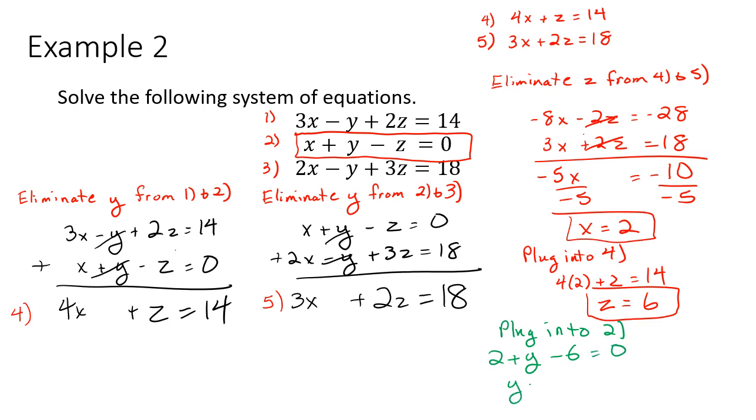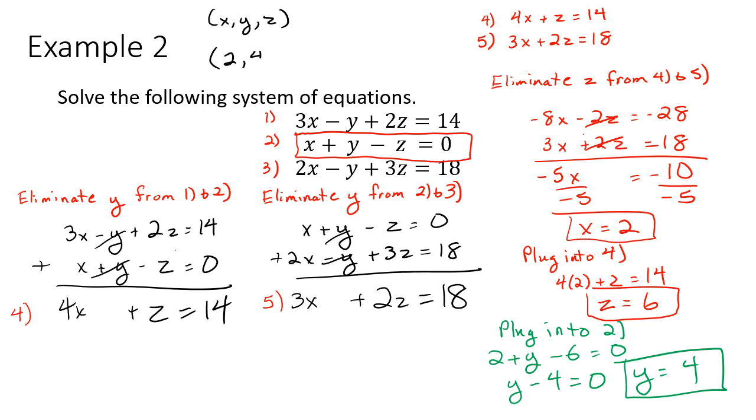So the 2 minus the 6 would combine to give us a minus 4. And if we add 4 to both sides, we get y is equal to 4. So our final answer, the solution to the system of equations, is an ordered triple x, y, z. We have an x of 2, a y of 4, and a z of 6.